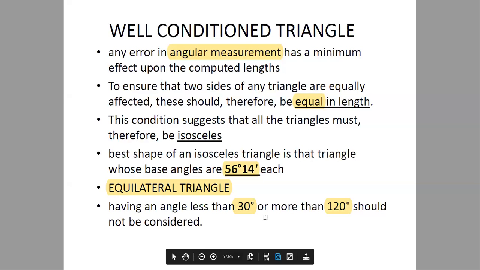Therefore you have to keep in mind that any angle should not be less than 30 degree or more than 120 degree. An equilateral triangle is a well conditioned triangle, and for an isosceles triangle the base angle should be 56 degree 14 minute.